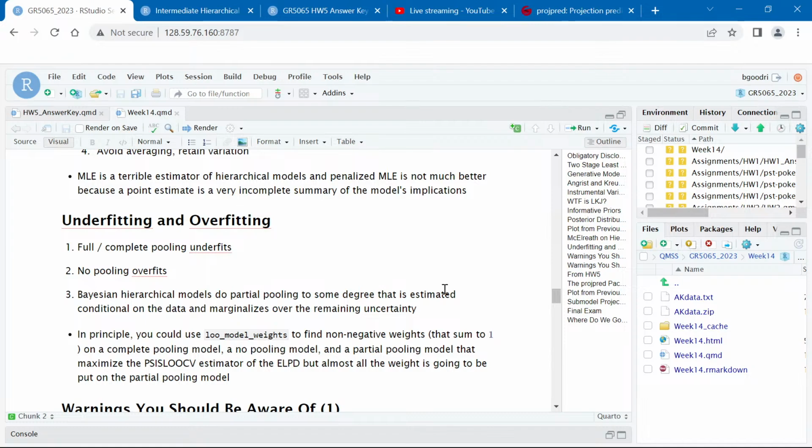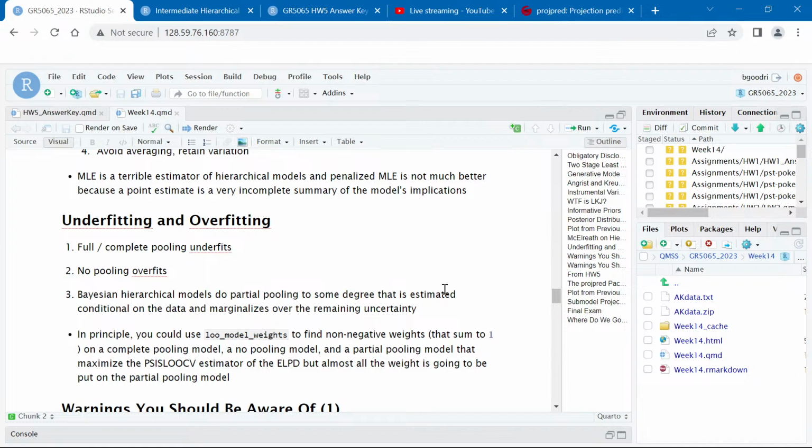Straight up. Or you can do Bayesian hierarchical models, sometimes referred to as partial pooling, which is going to be somewhere in between the two extremes. Complete pooling underfits, no pooling overfits, and the Bayesian one is in the middle, and we're going to estimate the degree of pooling along with everything else, conditional on the data that is available to us.